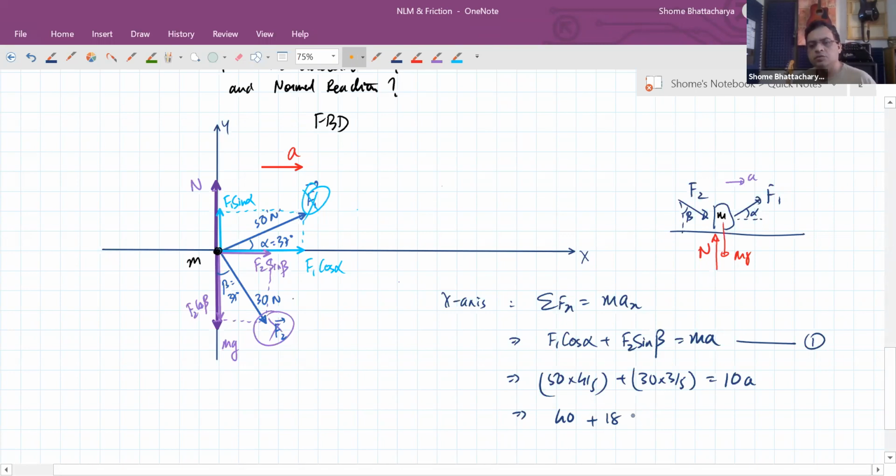Okay, so we have acceleration, which will come out to be 5.8 meters per second square.